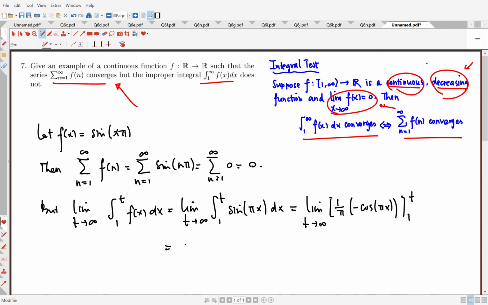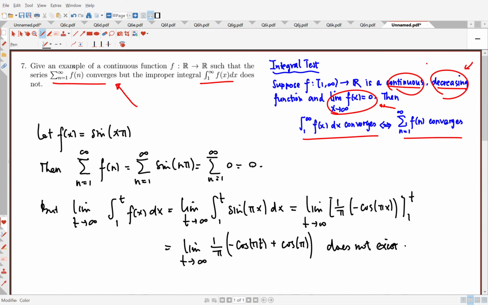This is equal to limit t tends to infinity of 1 over pi times minus cosine pi t plus cosine of pi, but this limit does not exist, right?